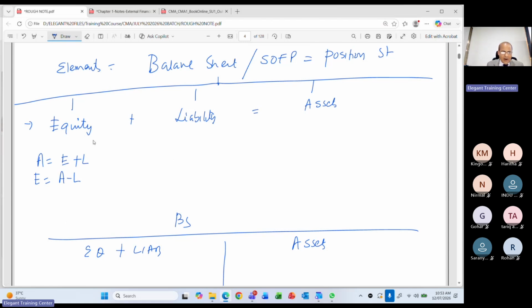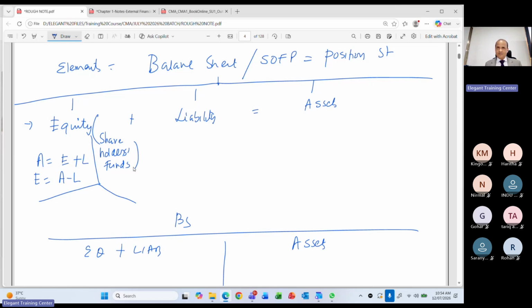Now, equity consists of various elements. Equity is also called shareholders funds. So what is another name for equity, Vishal?